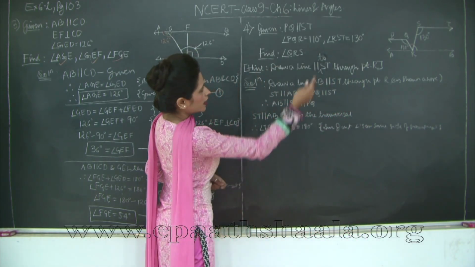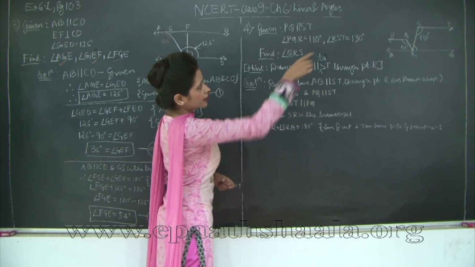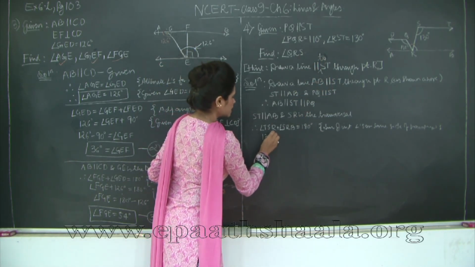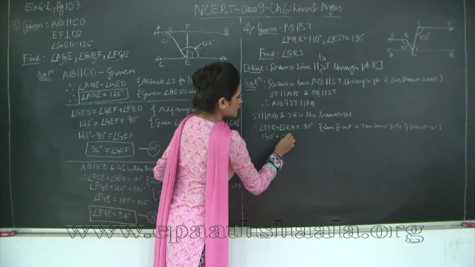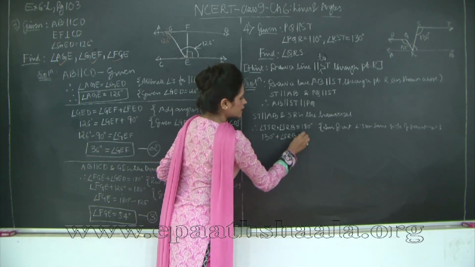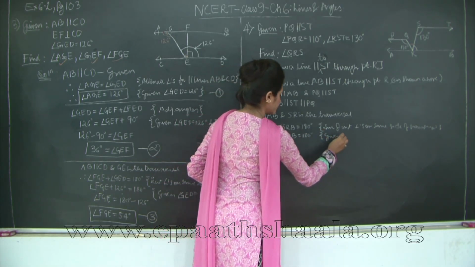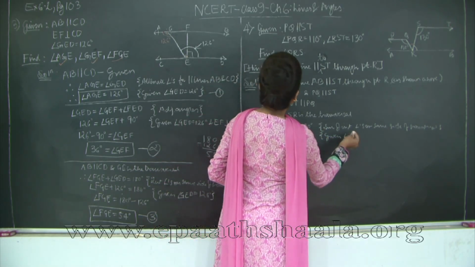But you have TSR is 130 degrees, which is given. So I will say 130 degrees plus angle SRB is equal to 180 degrees.